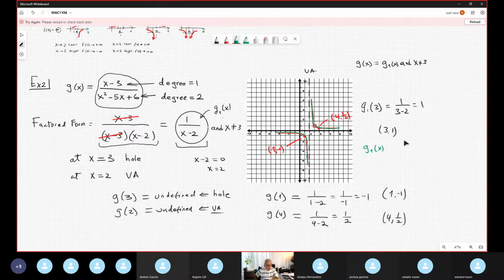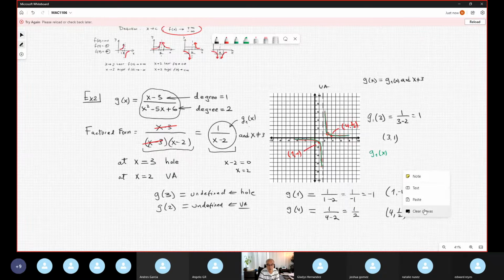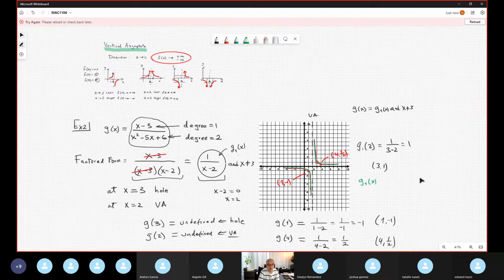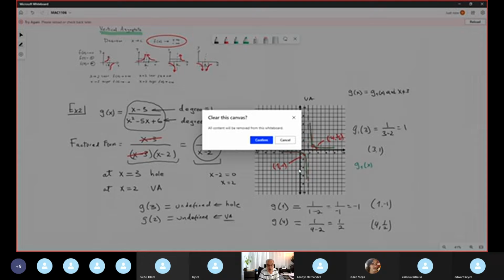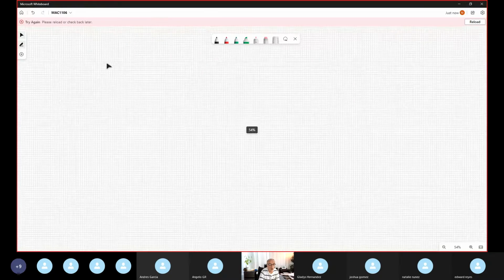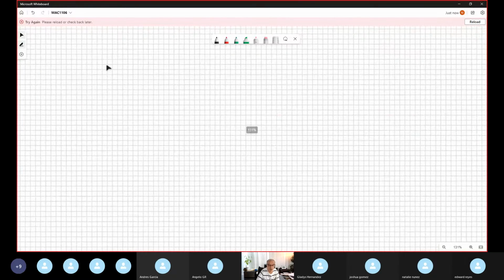Let's move on now to the horizontal asymptote. I can erase the board. I can? Yes. Now let's move on to the horizontal asymptote. Don't worry too much because today is the theoretical part.